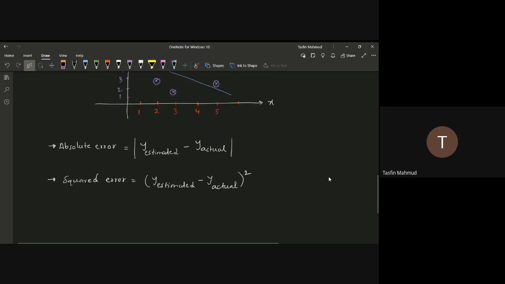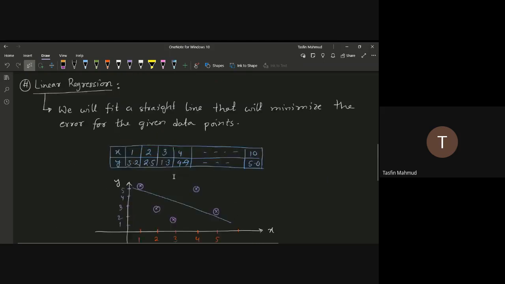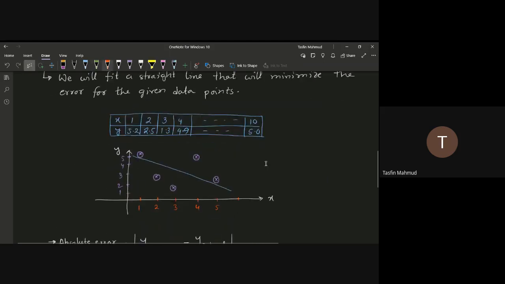So we will define the mean squared error. In case of mean squared error, what we will actually do is that we will consider the error for each of the data points. Let's assume for this data point, this purple colored one is our actual value, and the point on the blue colored one is our estimated value.